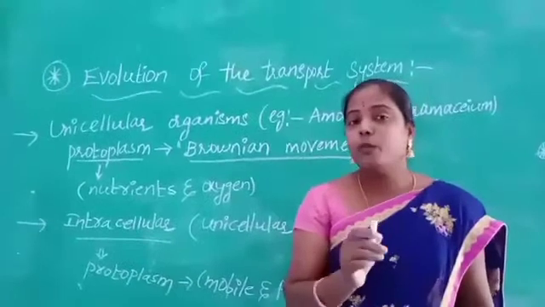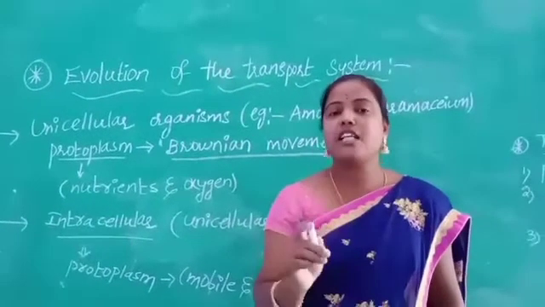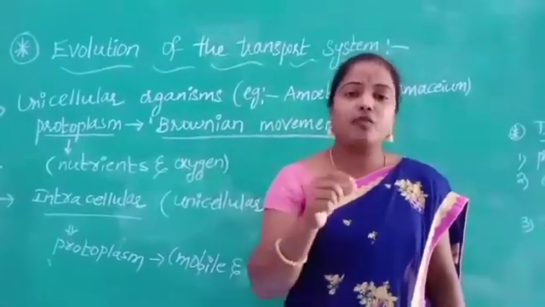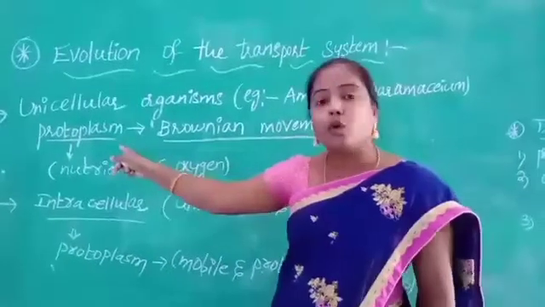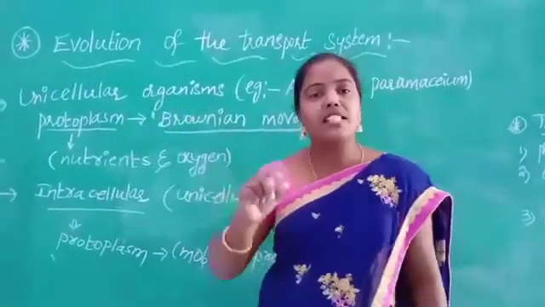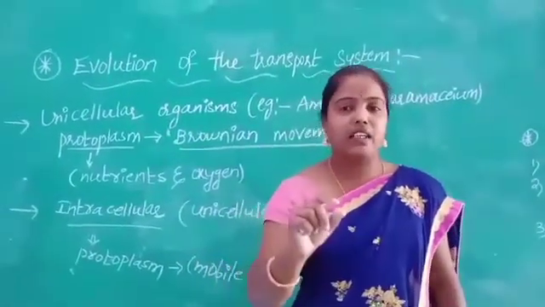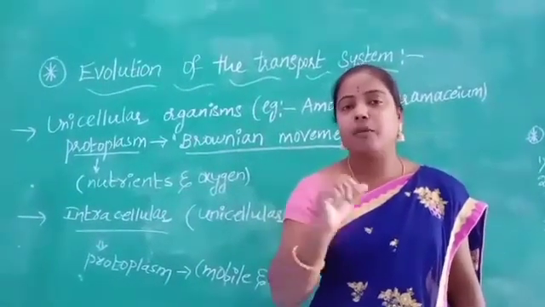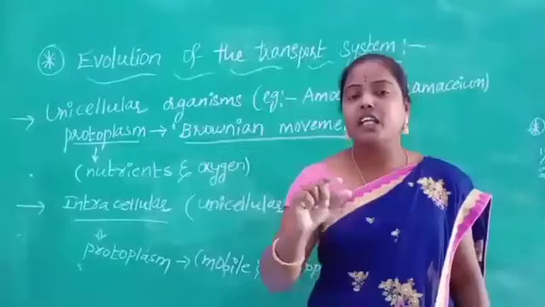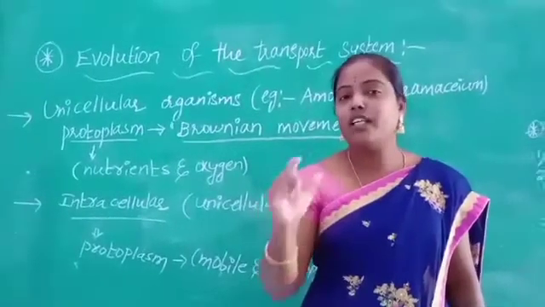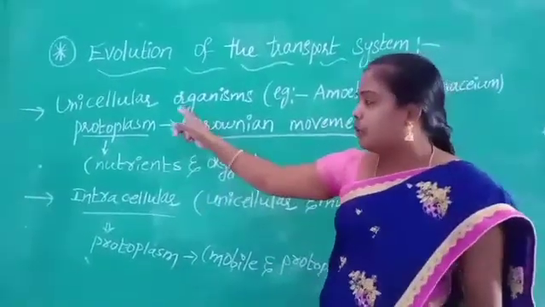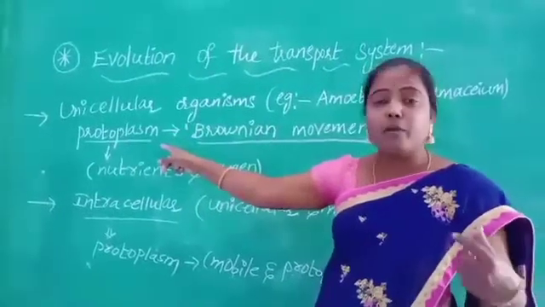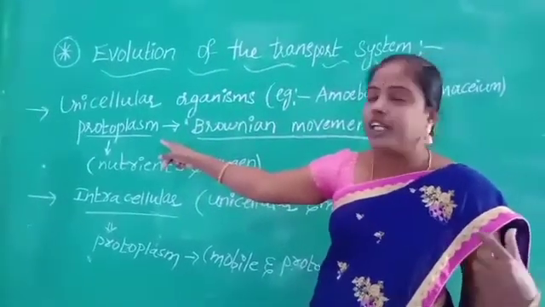But what is called protoplasm? The protoplasm is an outer membrane. Children, do you understand? The protoplasm is an outer membrane present in the unicellular organisms.